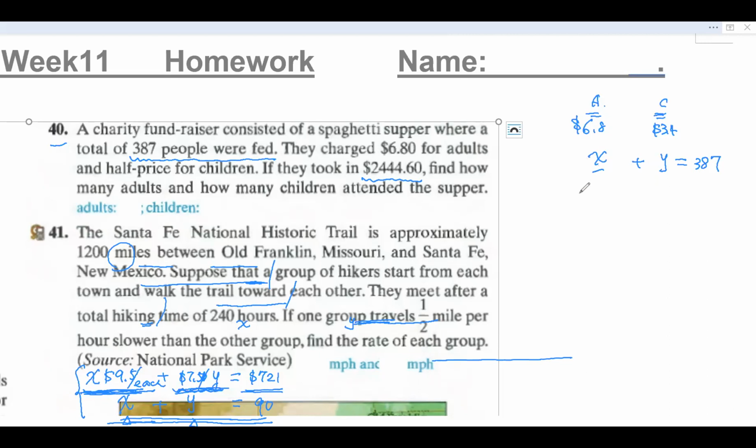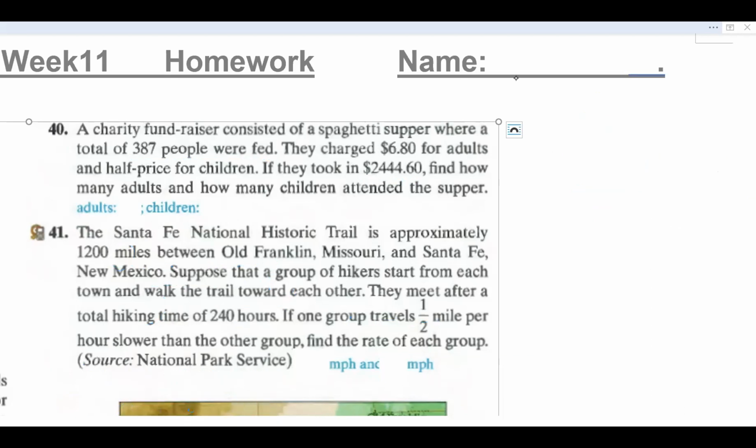The money collected from adults is 6.8 times X, and the money collected from the kids is 3.4 times Y. And the total they finally take is 2044.6. So we build this equation. We can find out X and Y based on this two-equation linear system. All right, let's move on.